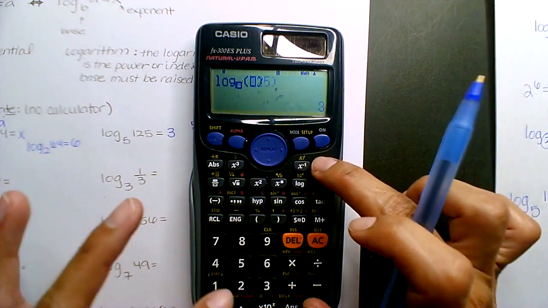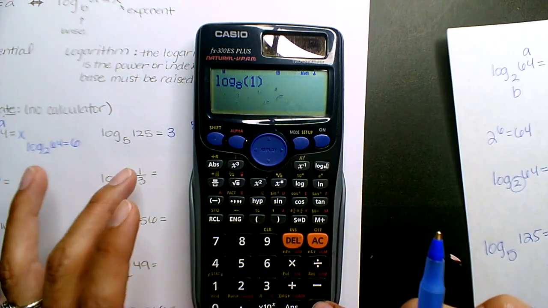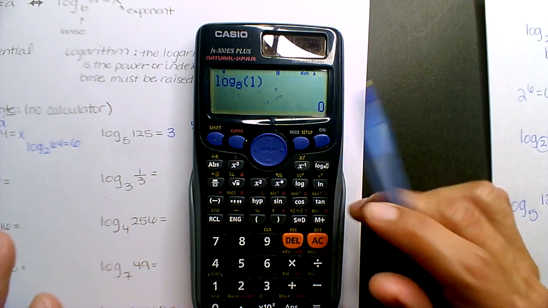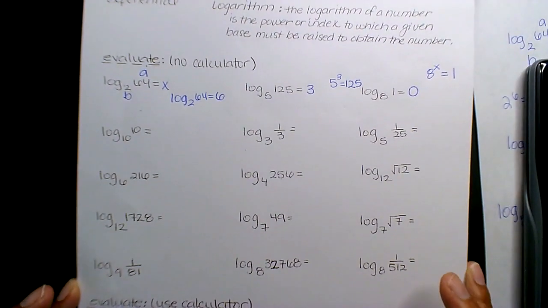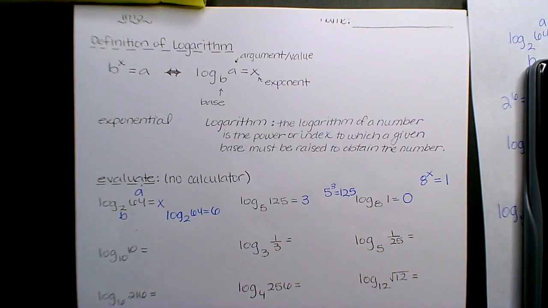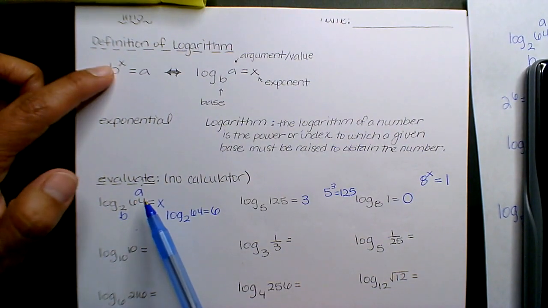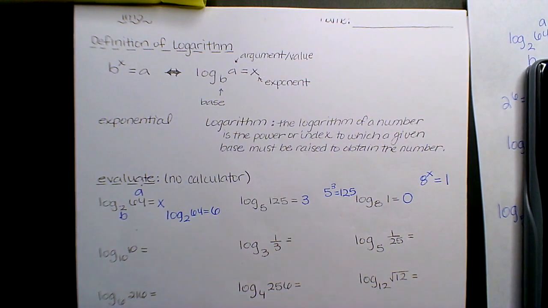Log base 8 of the value 1, 0. You should understand that log and exponential functions are the inverse of each other. So Monday you'll graph one and you'll see that it's the inverse.